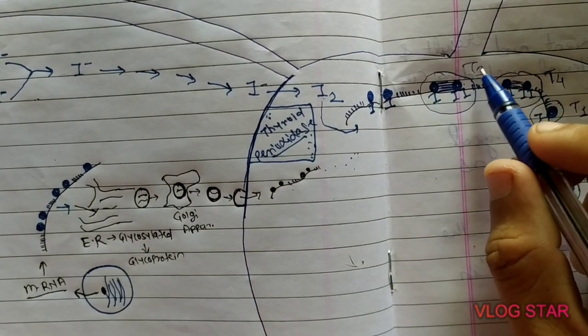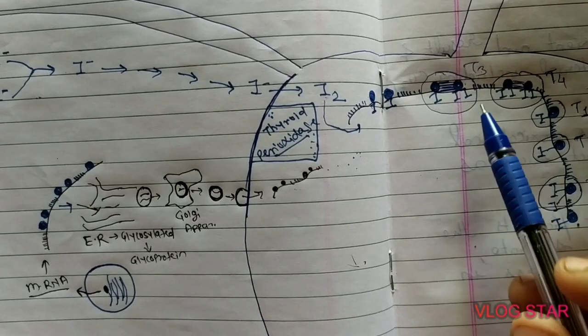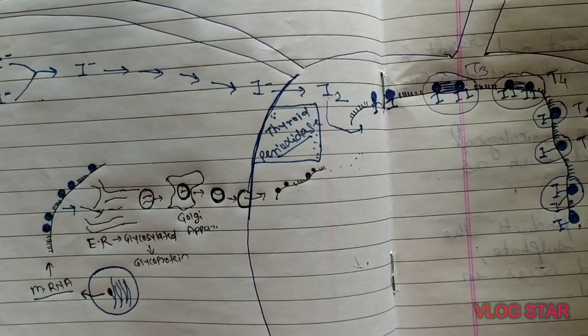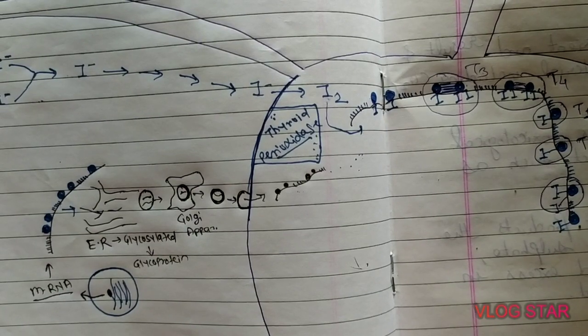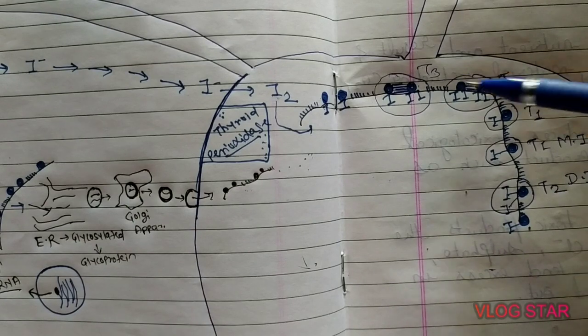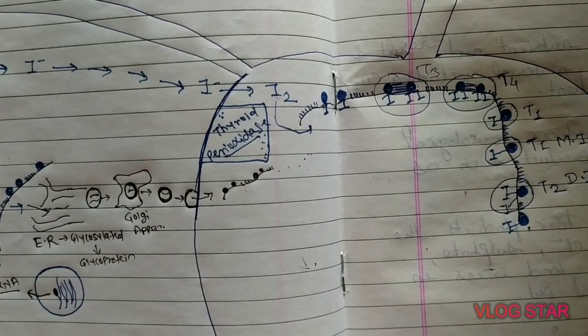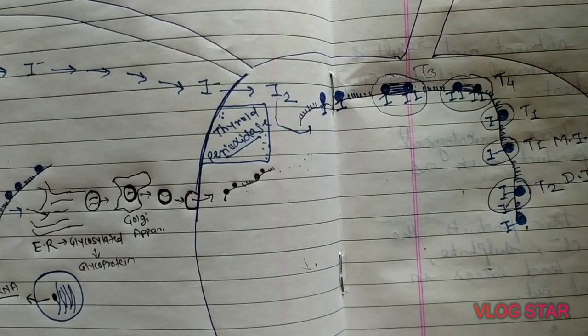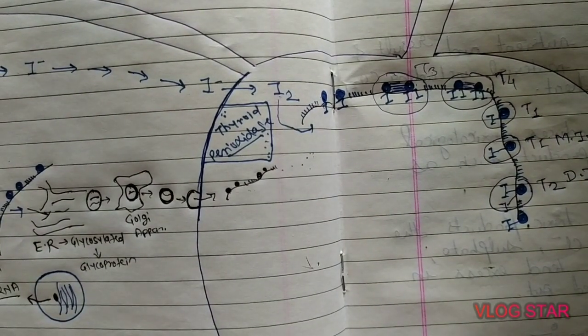This is T4 and this is T3. So finally there is a formation of T3, T4, T1, that is monoiodotyrosine, and T2, that is diiodotyrosine. So the third function of thyroid peroxidase is complete.